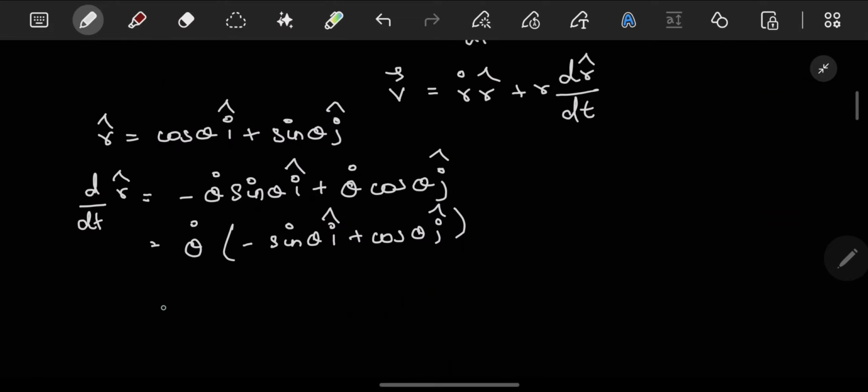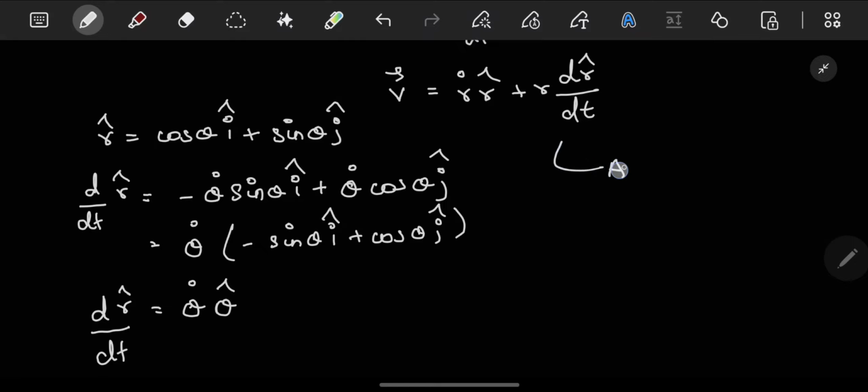Now we can replace this whole term as theta cap, because this whole term is nothing but the unit vector along the direction of theta. We can write that dr cap by dt is nothing but theta dot into theta cap.